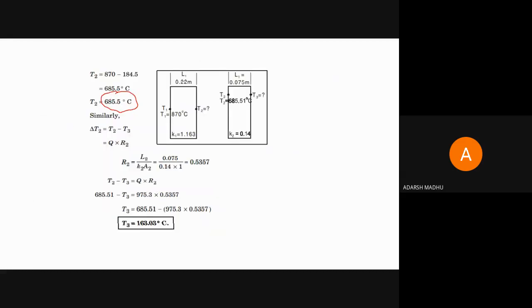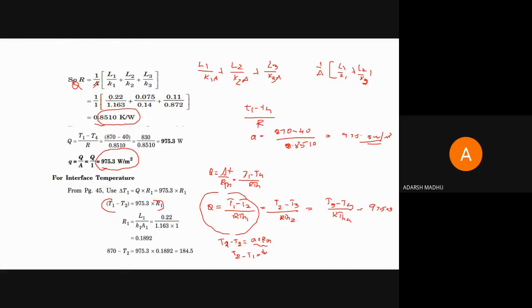Like the same procedure, we can find the value of T3. You want to find the interface temperatures T2 and T3. Interface temperature T2 is already got. So now let's take the second equation or third equation. Whether it is the second or the third equation, the only unknown quantity is T3.